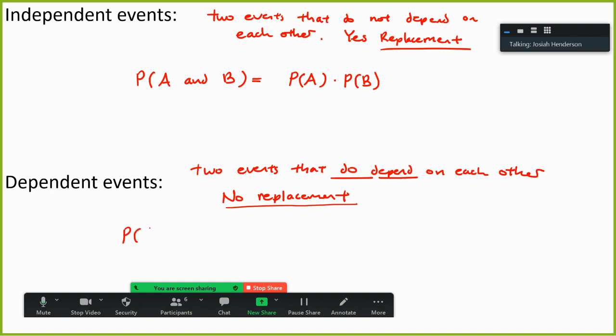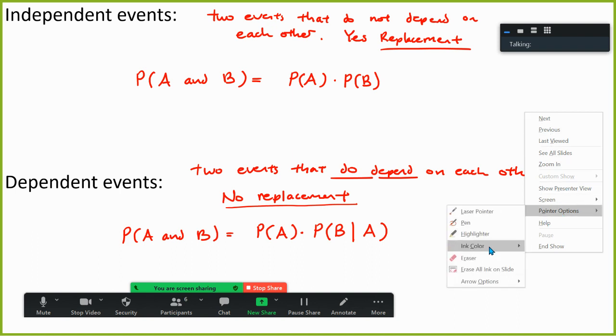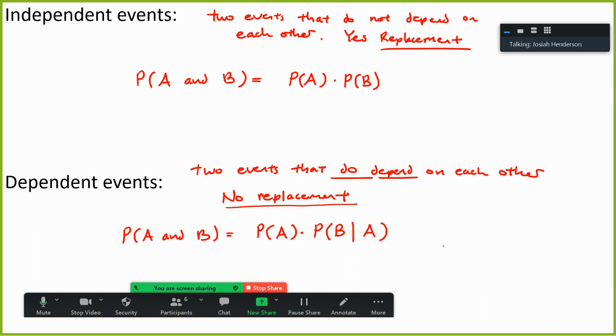Our formula, probability of event A and event B, is the probability of the first event, same as before, times this, probability of B given that A has already occurred. I'm going to change my color and write that part out below it.